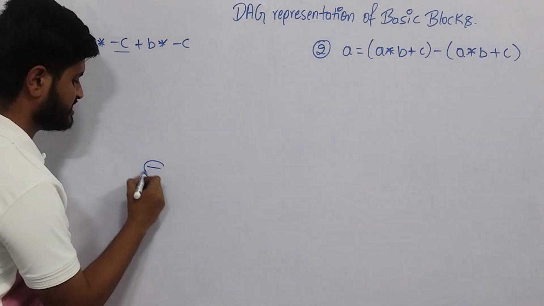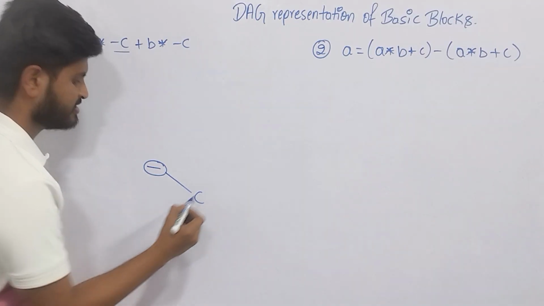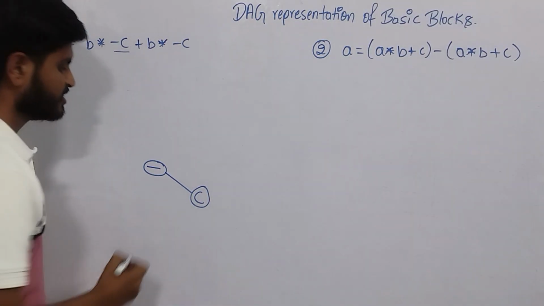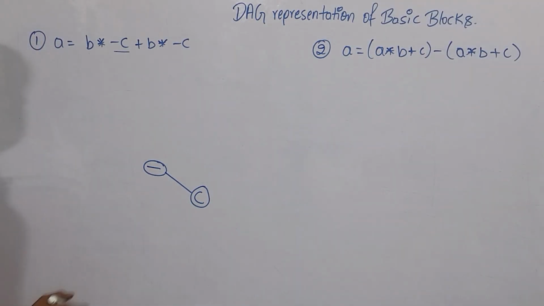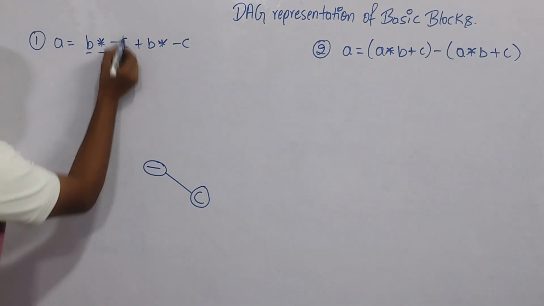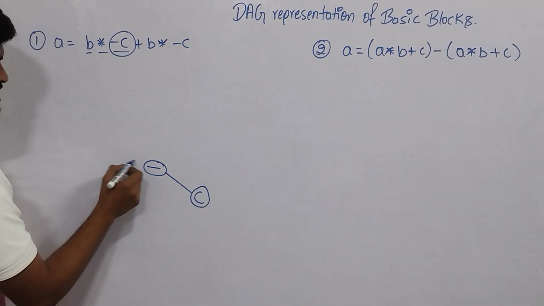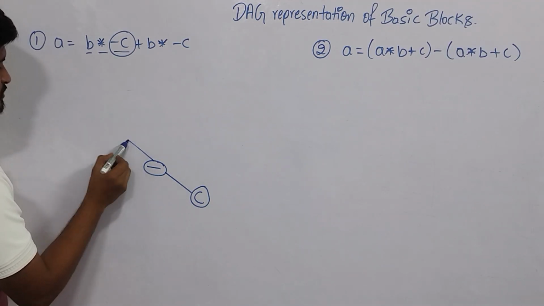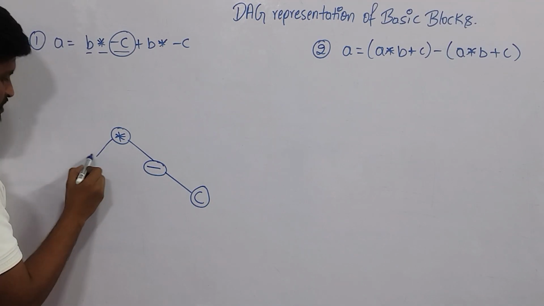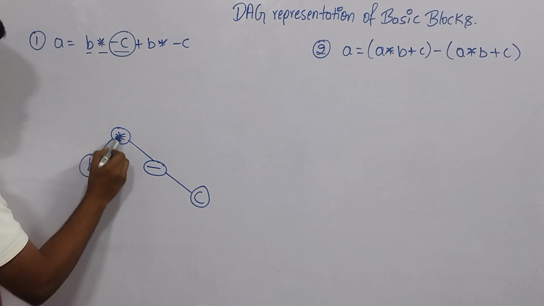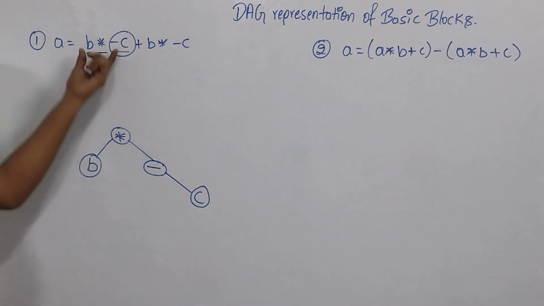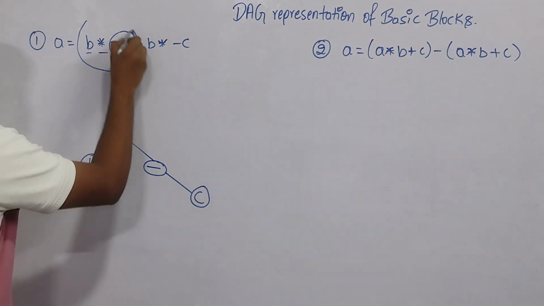So minus will be here and this will be c. Then b into unary minus c, so b into minus c is over.